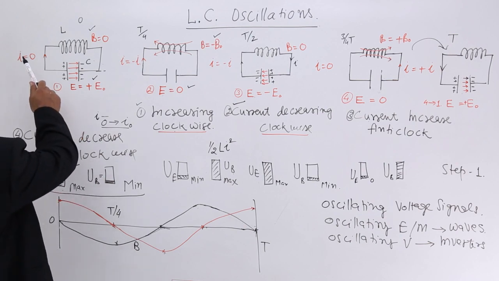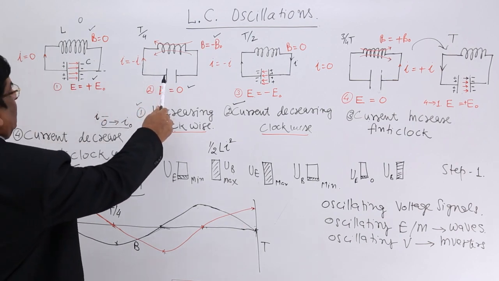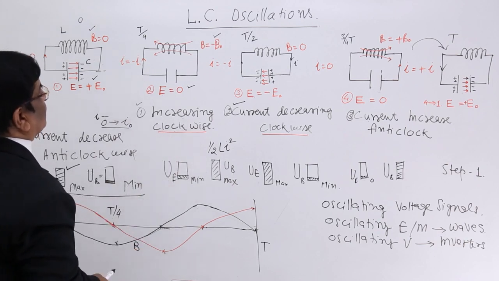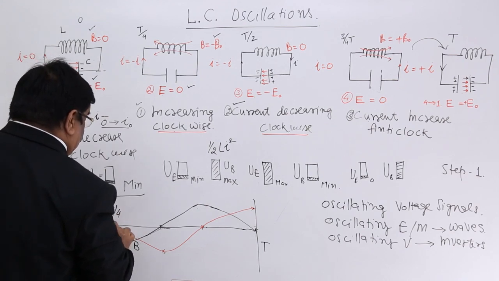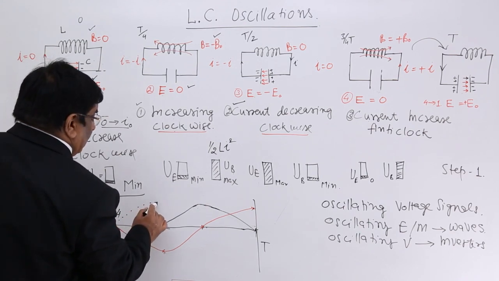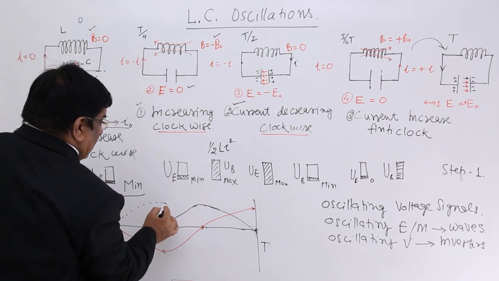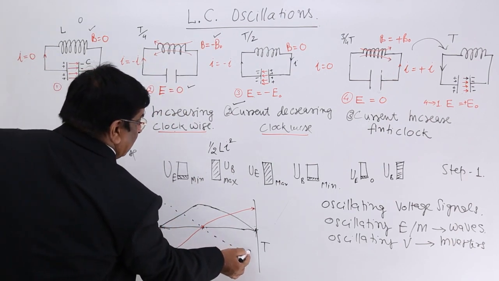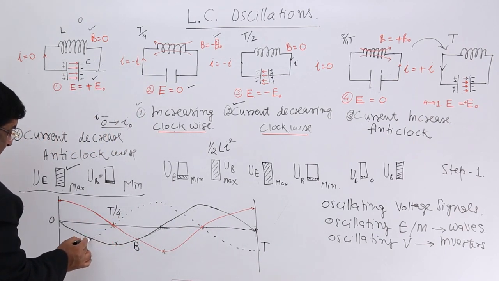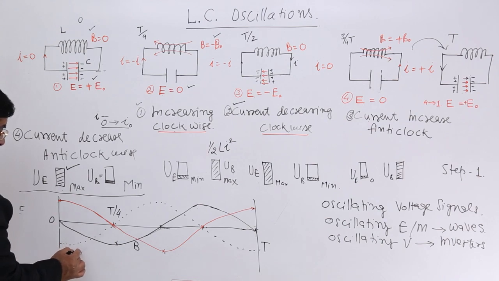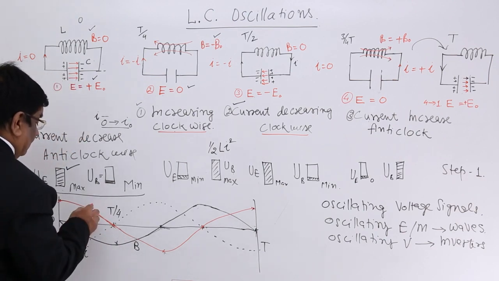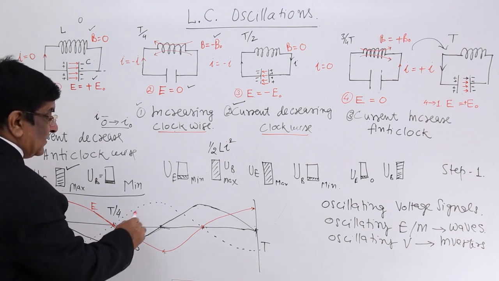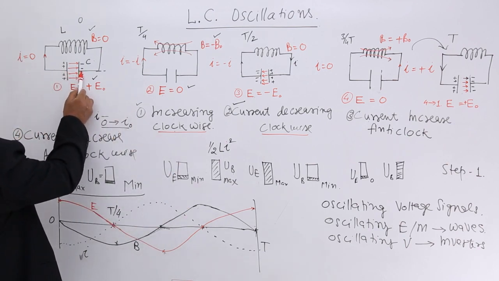Again we can always make it current 0 to here, we can say this current is increasing 0 to clockwise. This is current. Okay, then it becomes 0 and again like this, and here it is like this. This is I. So in this way, whether it is electric field, whether it is magnetic field, whether it is electric current, or whether it is potential across capacitor.